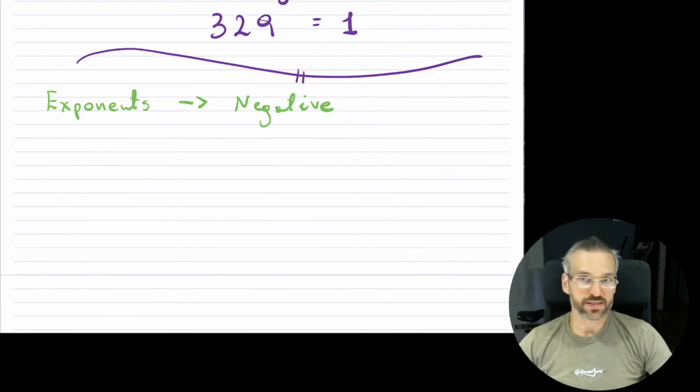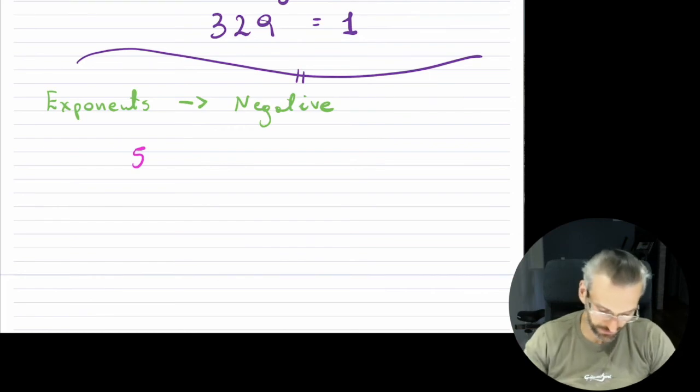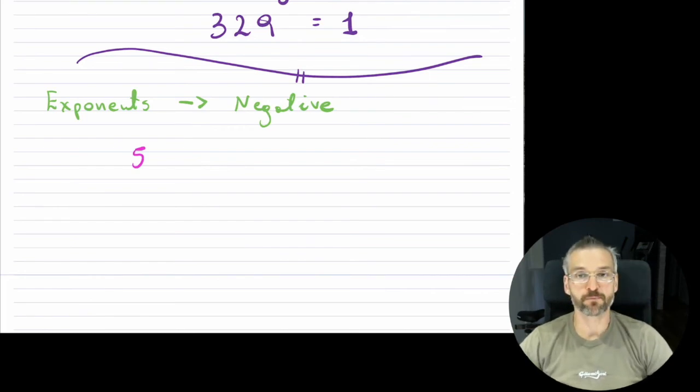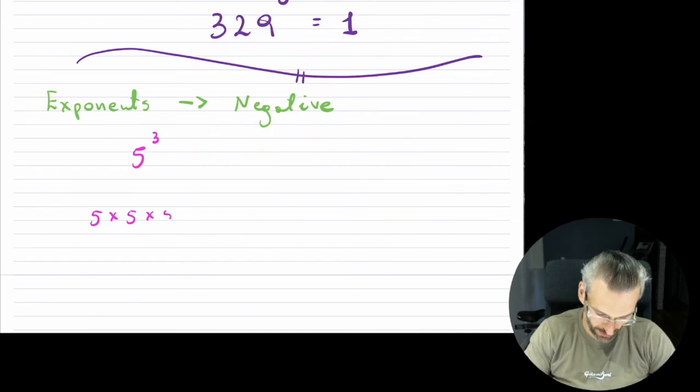So what happens and how should you think about this? You have to be careful here. And this is what I'm going to just write out for you. Again, I'll take an arbitrary base, so let's say 5. If I said 5 to the 3, you know that this means 5 multiplied by 5 multiplied by 5.